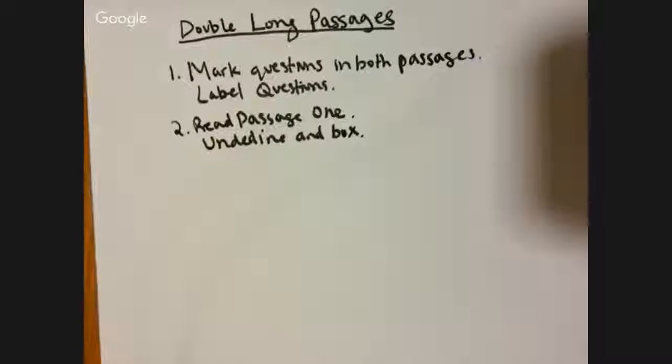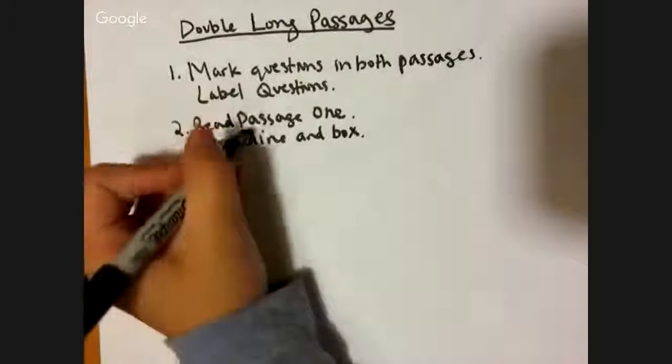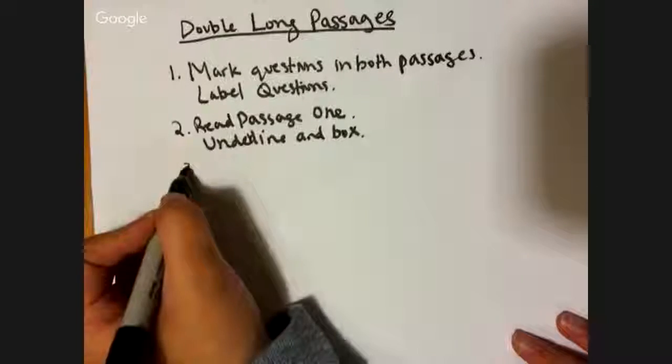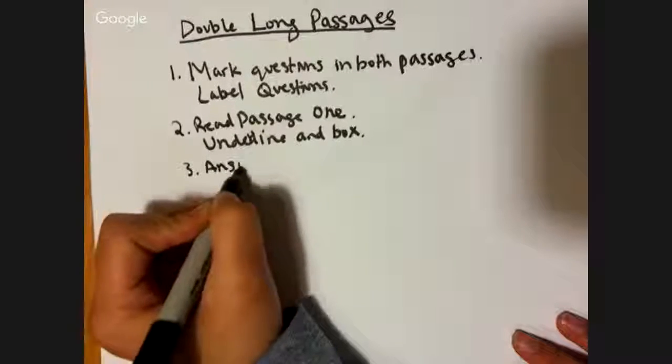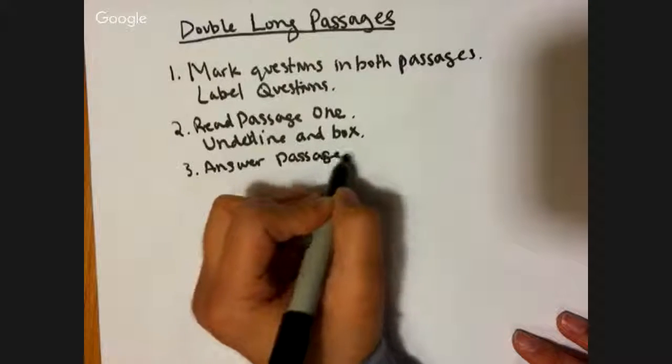Just like how we were solving the questions before, you want to underline anything important as you're reading. You want to be boxing proper nouns, dates, and time indicators, just like before. And then answer passage 1 questions.